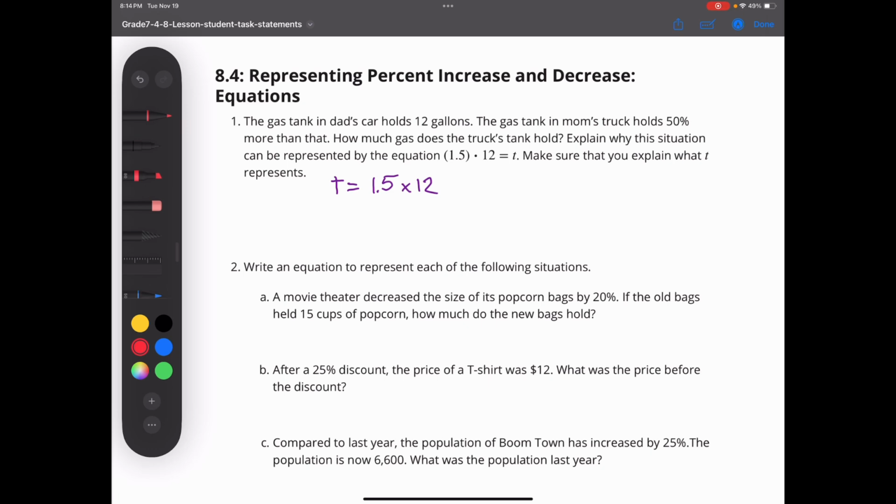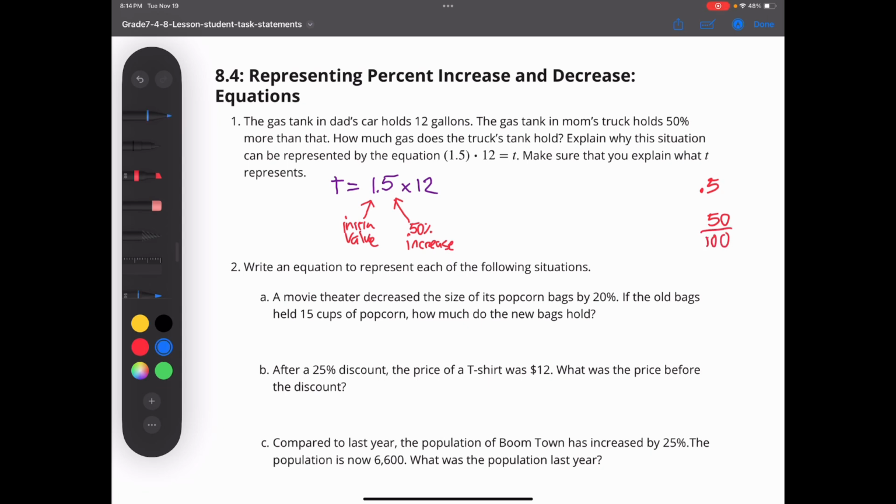So 1.5, the 1 is the initial value, and the 5 is the percent increase, so that's 50% increase. Even though it's 1.5, it's 50% increase because 0.5 is 50 over 100.